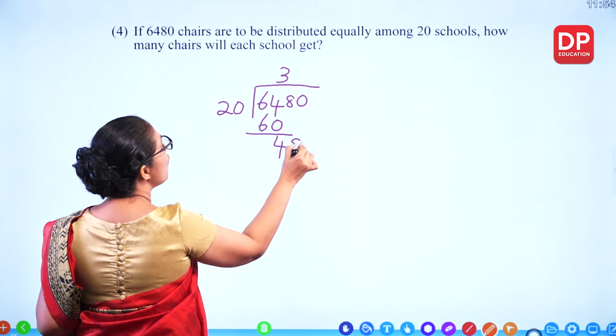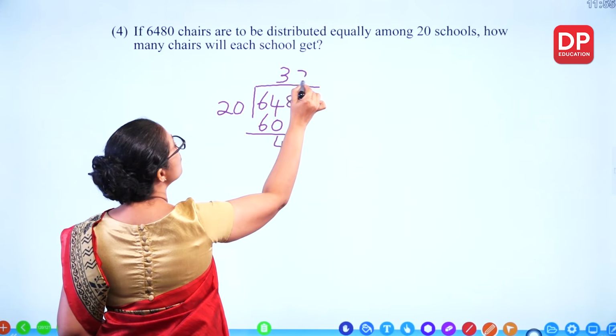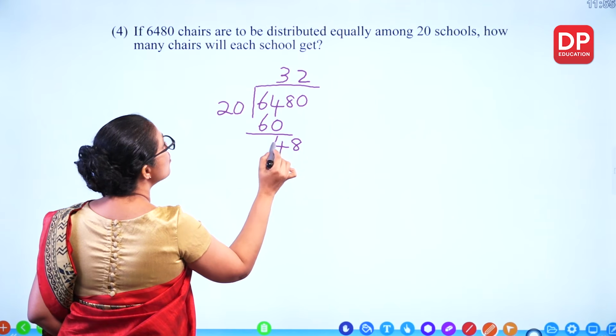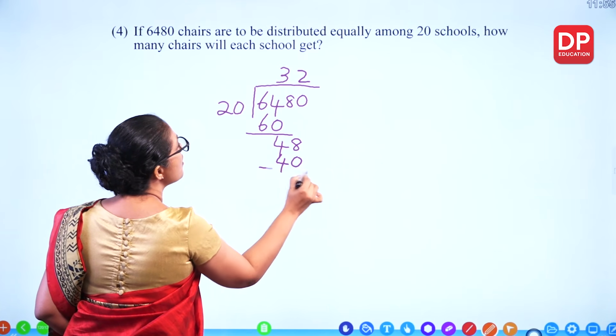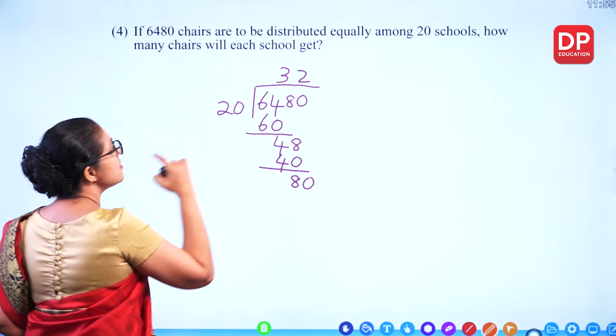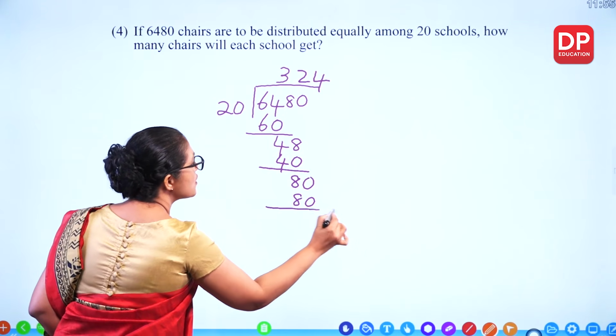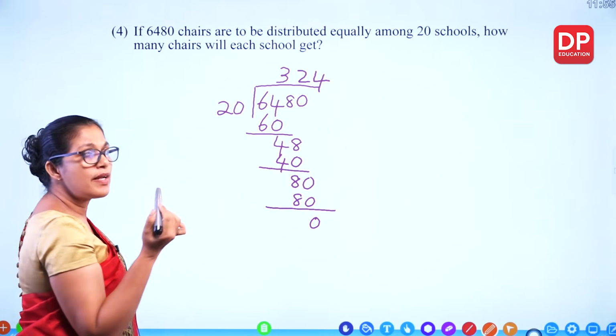Remainder 4. For 48, how many 20s for 48? That's 2. 2 times 2, 4. That's 40. So remainder is 8. For 80, this is 4. 4 times 2, 8. So you put a 0. So the remainder is 0.